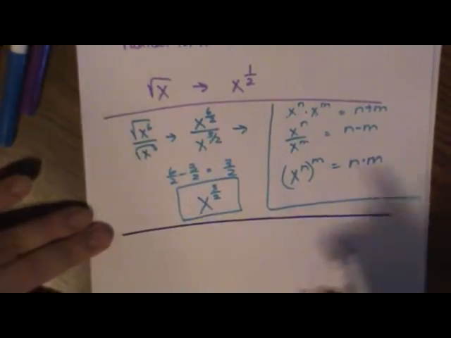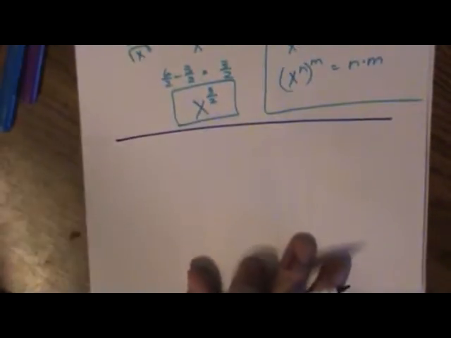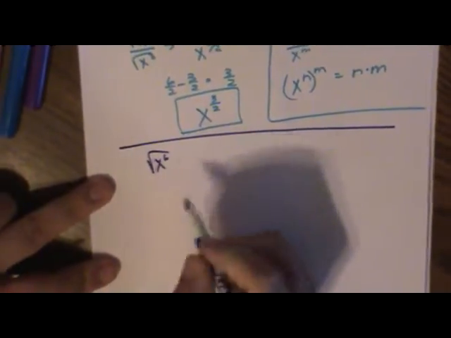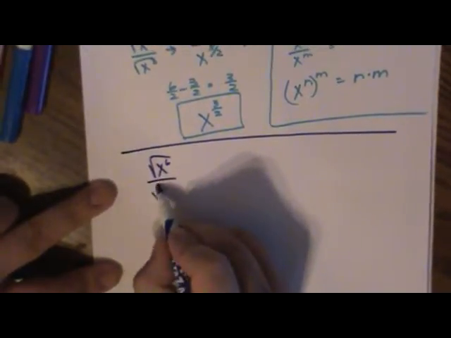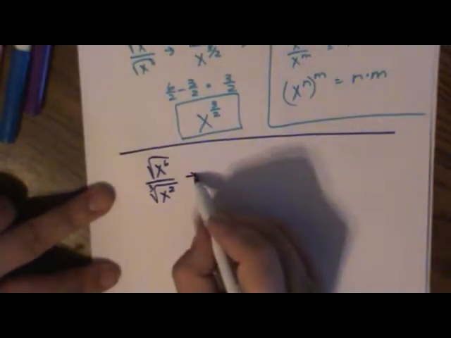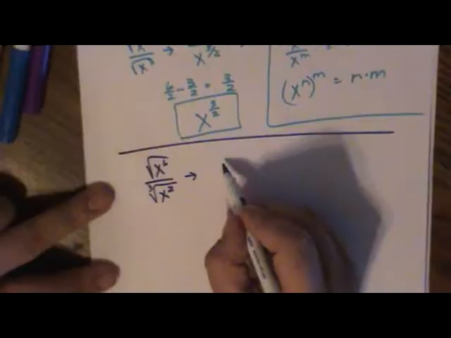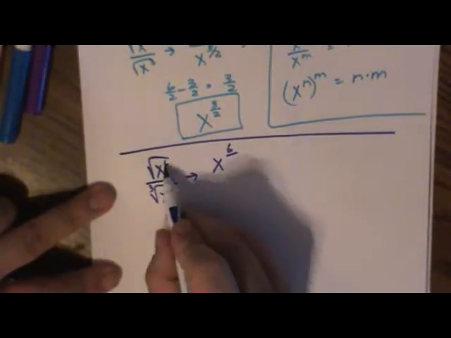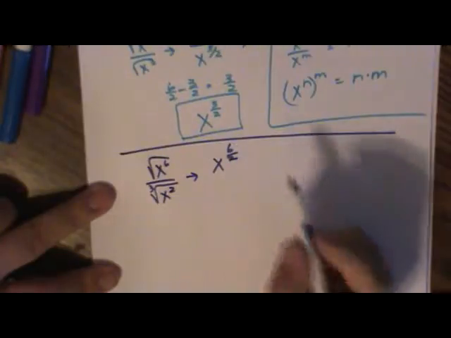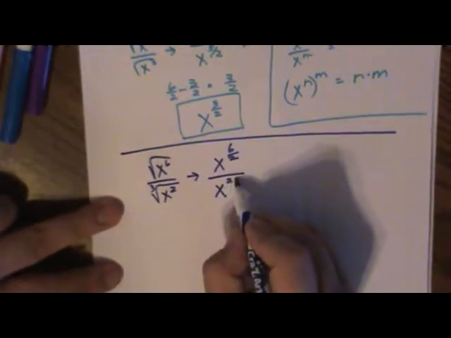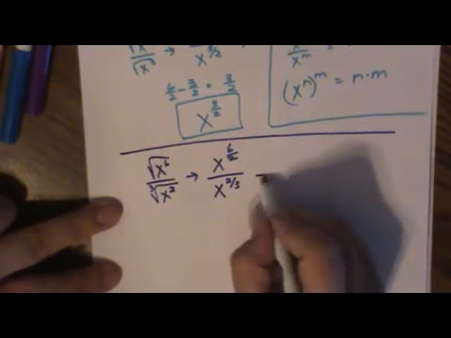Here's another one. We have the square root of x to the 6th power over the cube root of x to the 2nd power. We're going to rewrite those as exponents: 6 over 2, power over root, and then x to the power of 2 over 3, for the cube root.